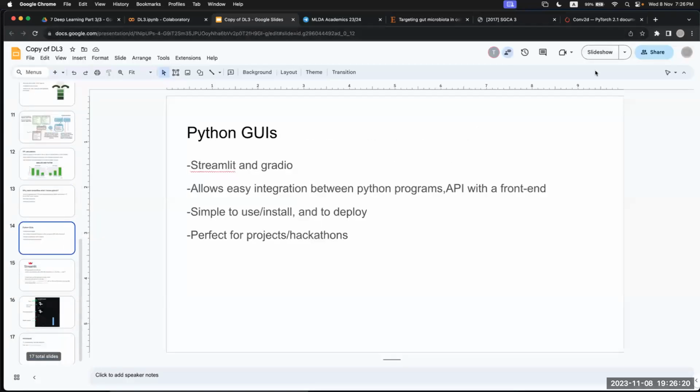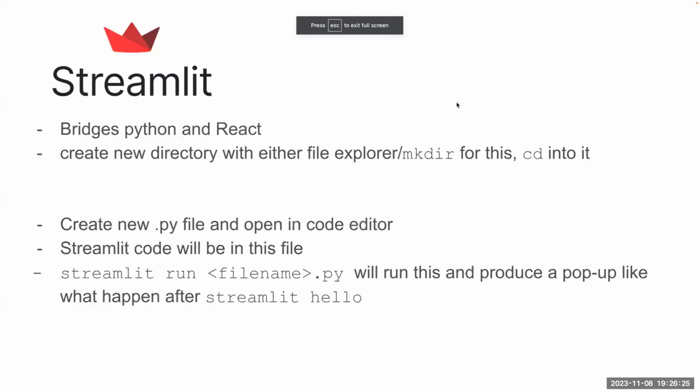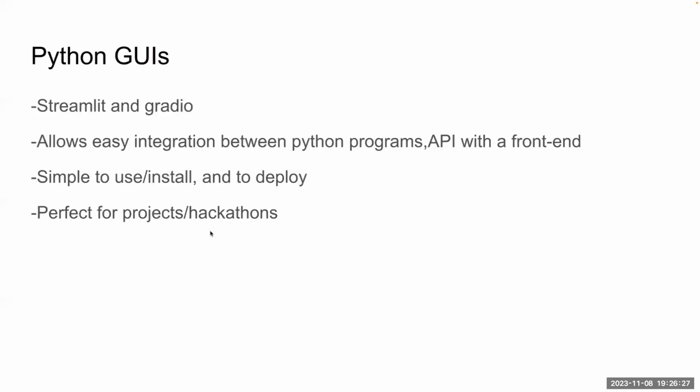So now I'll move on to GUIs. This will be quite important for those that want to do projects or hackathons. The two main Python GUIs are Streamlit and Gradio. This allows easy integration between Python programs and APIs with a front end. Because your front end is Python code and your model is also Python code, this allows very easy integration.